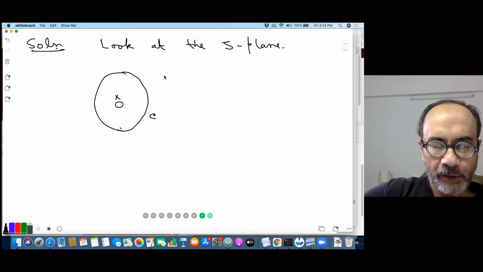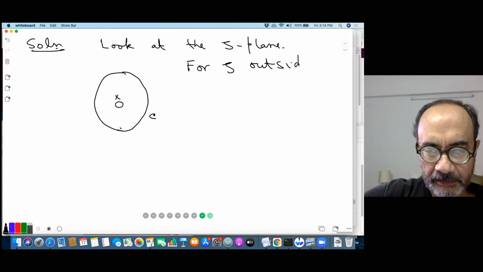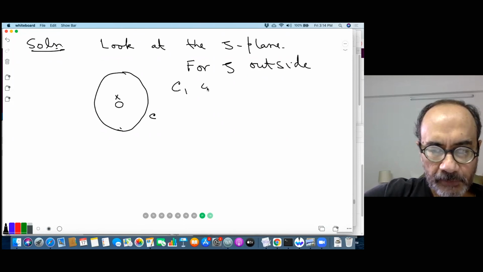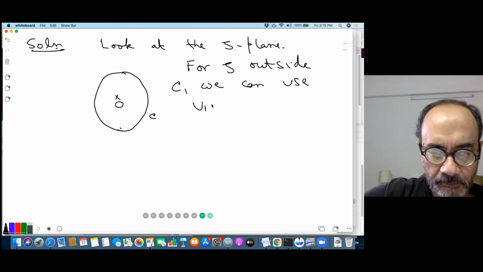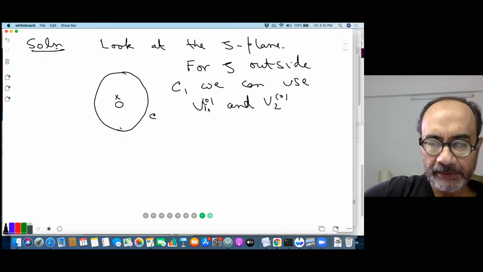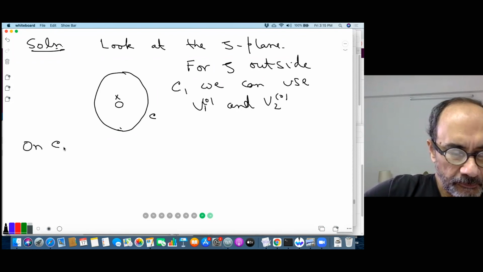As long as zeta is outside the curve, for zeta outside C, we can use the V0s. So the zeta integral outside can be done with whatever you are using. On C, use a vertical segment.